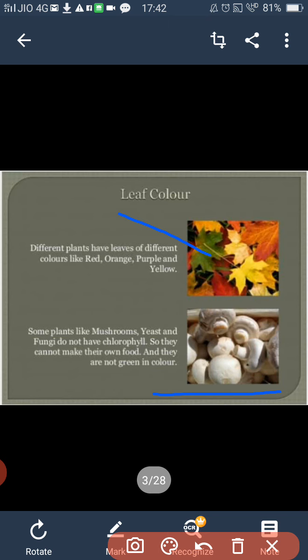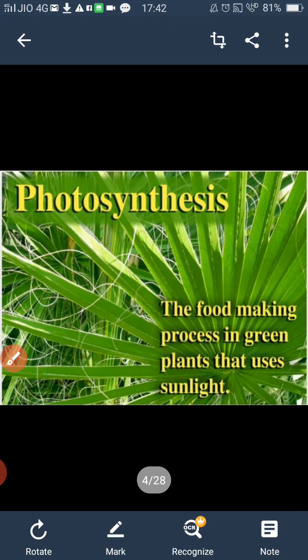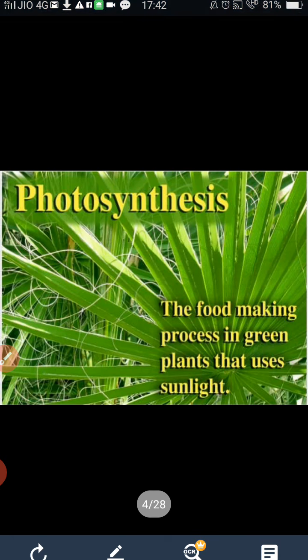Okay, now coming to the next important part of this chapter: how the leaves make the food. It is by the process that is photosynthesis. So the food making process in green plants, which uses sunlight and water, is known as photosynthesis. So what is required in photosynthesis?